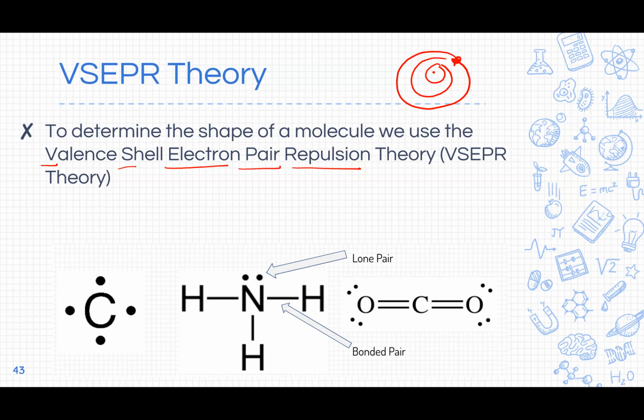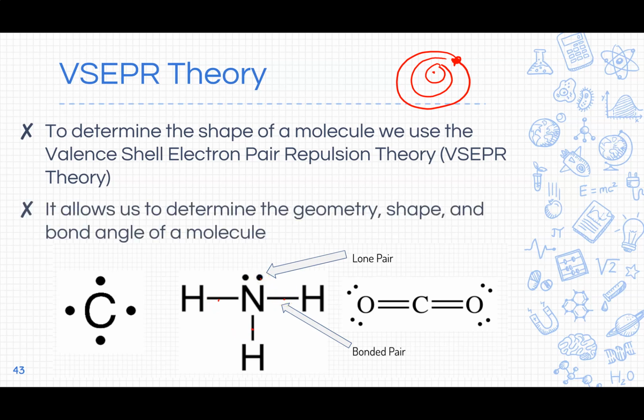So this is a theory about electron pairs on the outer shell pushing away from each other. And that is essentially what we draw when we draw a Lewis dot diagram. Here are our electron pairs on the outer energy level, the outer shell. And when we say they repel each other, it means that this electron pair is going to push away as far as possible from this electron pair.